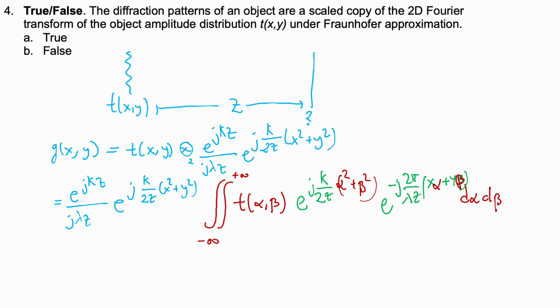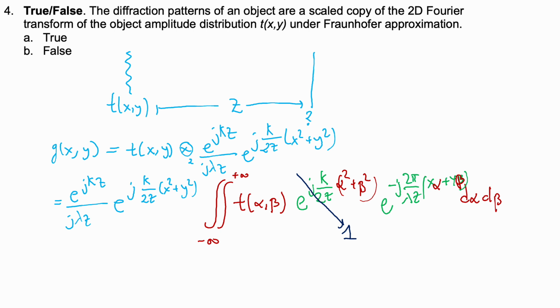So in Fraunhofer, we say that this term is going to be equal to 1, because we are assuming that the extension of the object is much smaller than the distance.